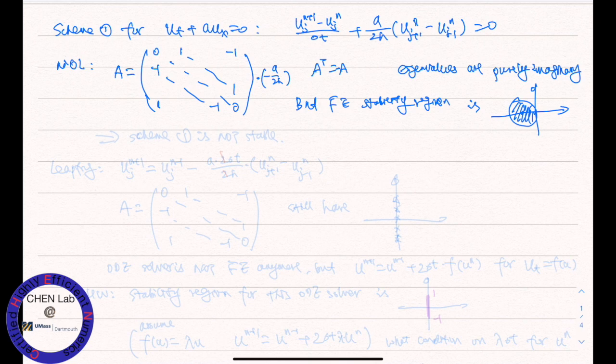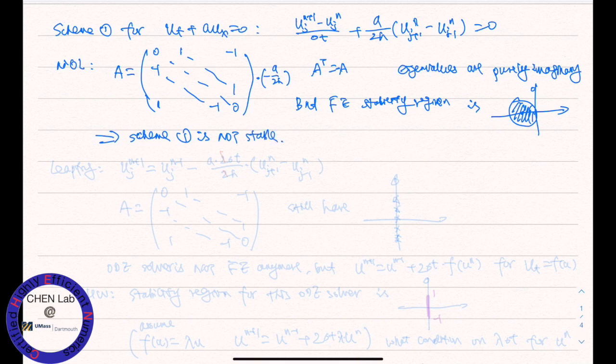So the eigenvalues times delta t wouldn't be contained in this stability region, which concludes that scheme 1 is not stable.